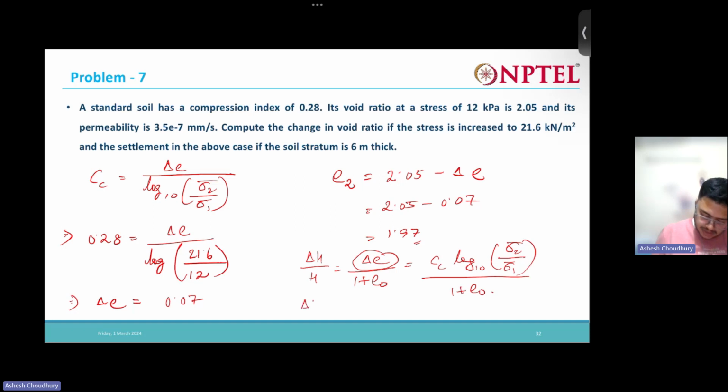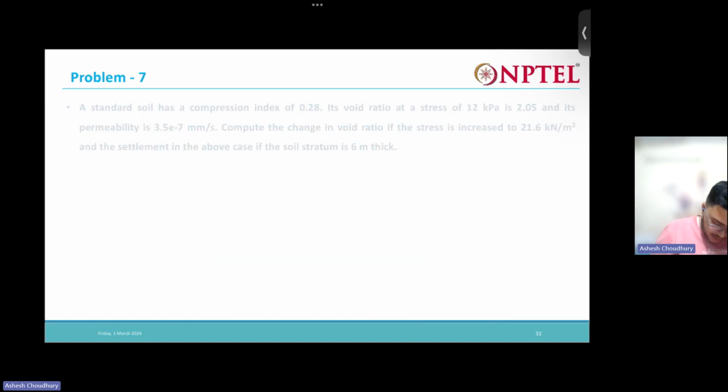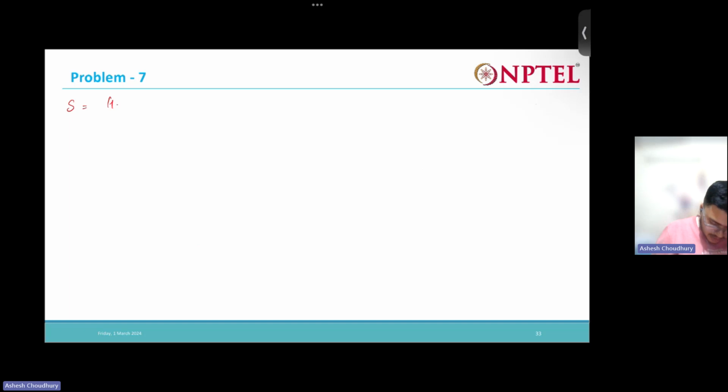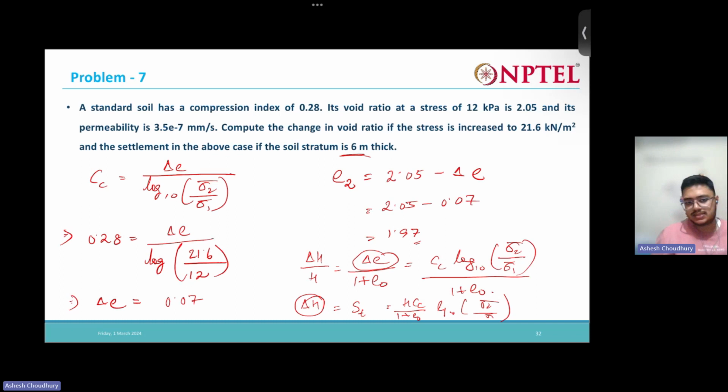So delta H, the change in height, is nothing but the settlement. Settlement is H naught Cc over 1 plus e naught, times log of sigma final by sigma initial. So H naught we know, that is the thickness of the stratum, 6 meter.